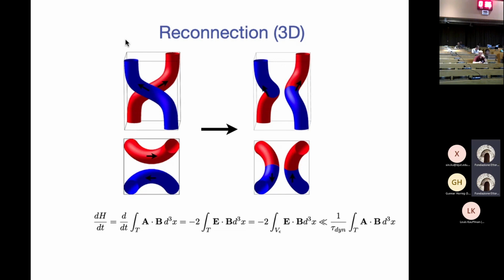And the smaller your resistivity is, or the higher your magnetic Reynolds number is, the smaller this volume becomes. And so for very high magnetic Reynolds number, this term here, although non-vanishing, is small.